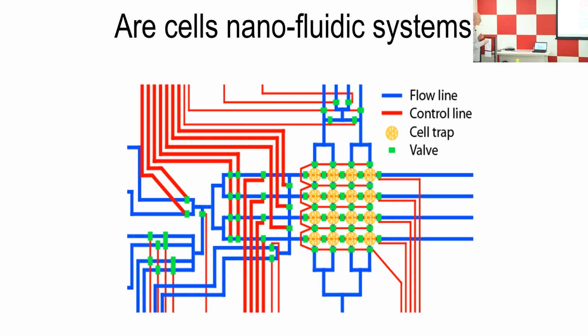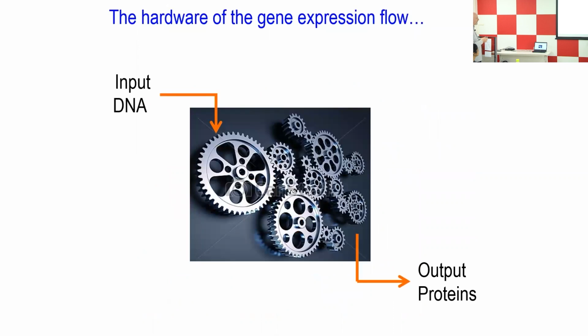And by the same token that in a factory you have valves, channels, and different physical structures, it is likely that cells have a layer of control like a super small nanofluidic system, in such a way that inputs and outputs are processed not only through a biochemical and a genetic level, but also through a purely physical level. And therefore, that takes us to the problem of the organization of the hardware of the gene expression flow.